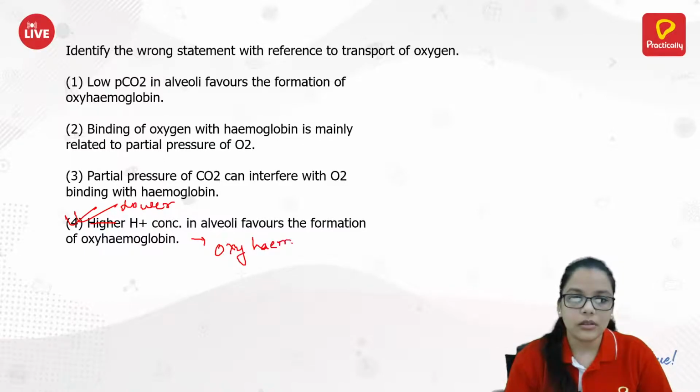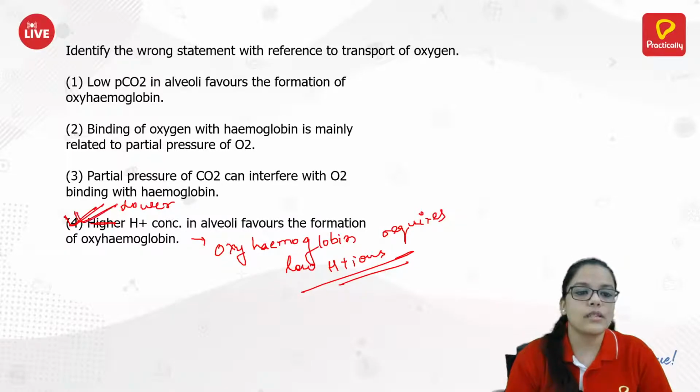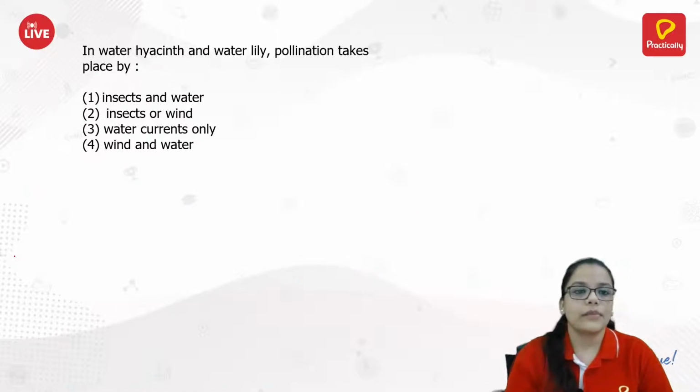Oxyhemoglobin requires low hydrogen ions. Okay, so answer is lower and this is a wrong statement. So answer is 4.